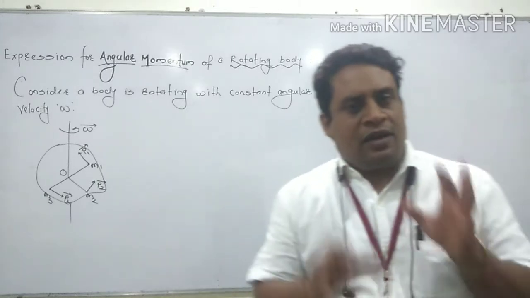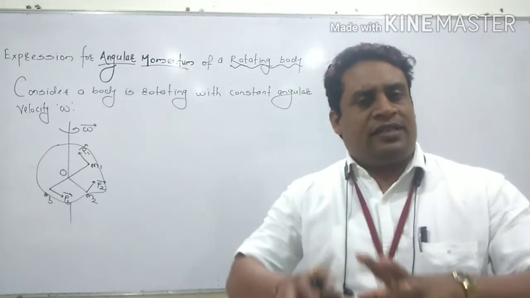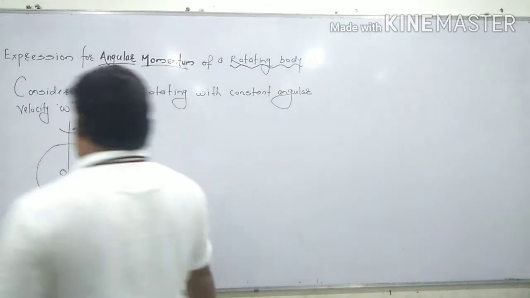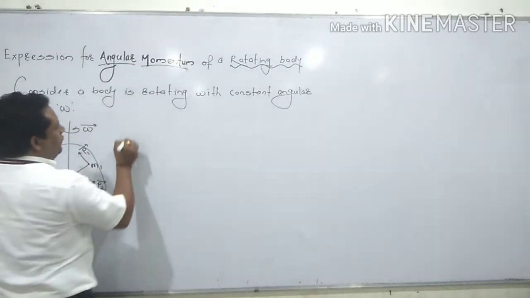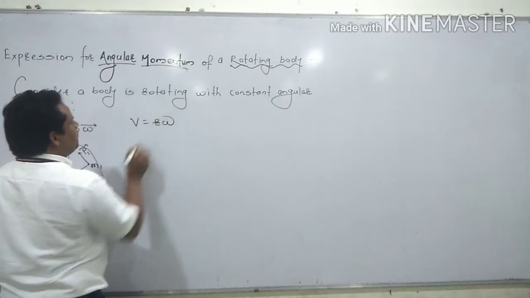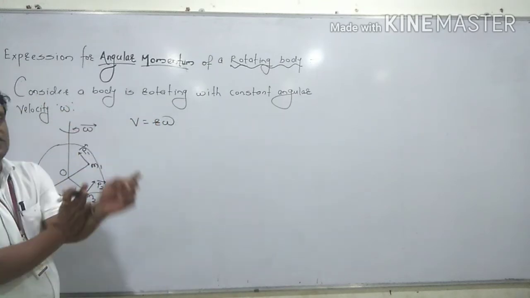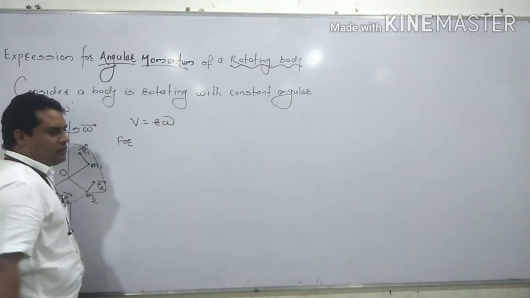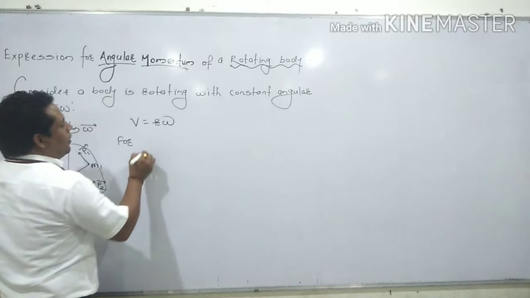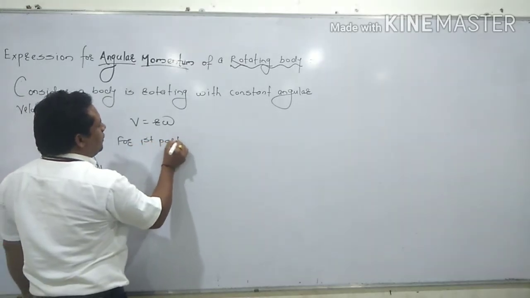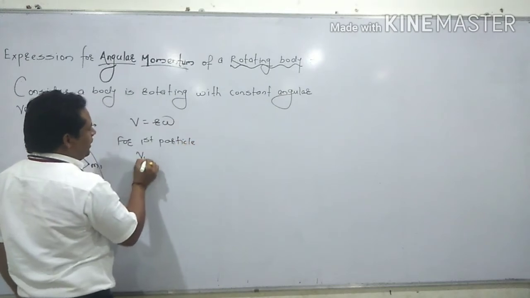Each and every particle possesses linear velocity, that means it possesses linear momentum. The linear velocity of the first particle is given by the formula V1 is equal to R1 omega.